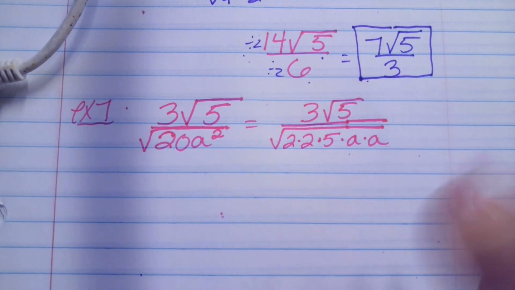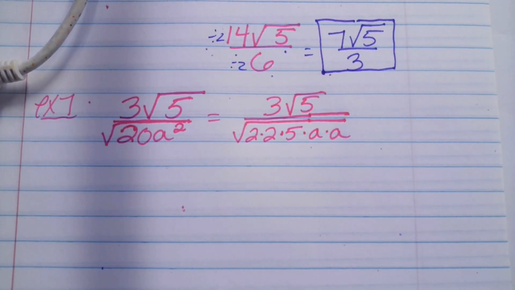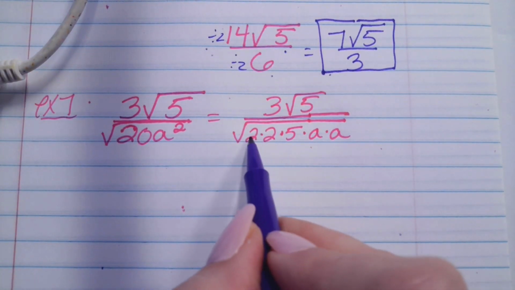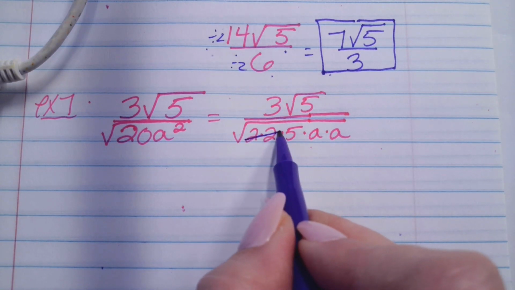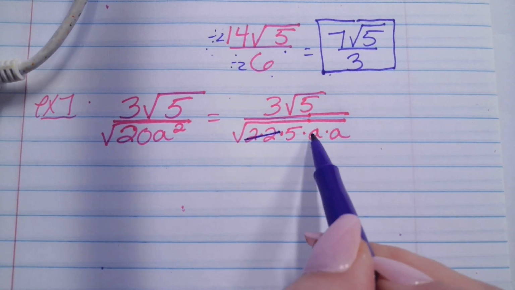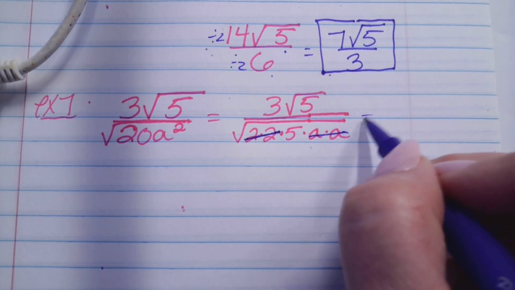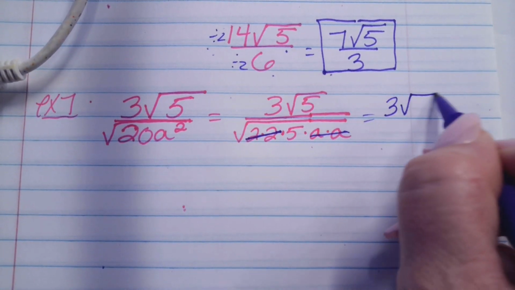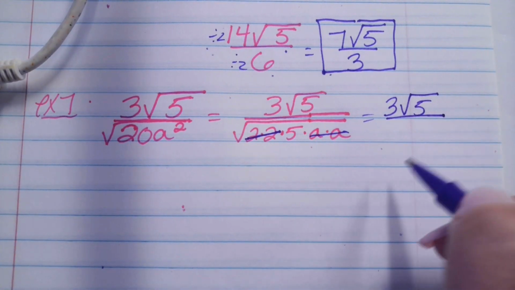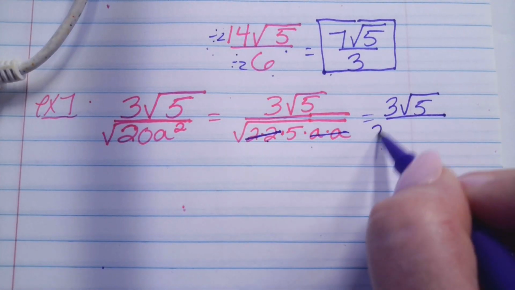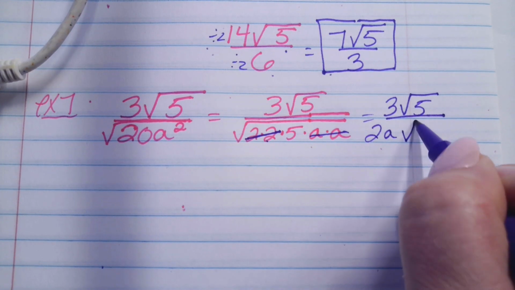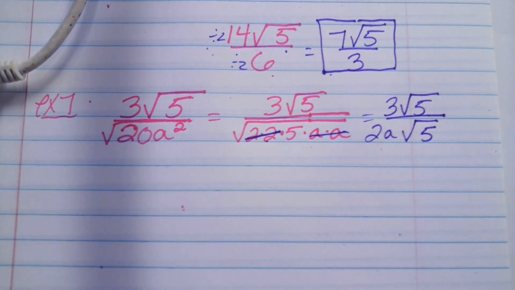Keep that 3 radical 5 up top. Can we partner anything here? Pair of 2's, pair of a's. So that leaves 3 radical 5 up top. 2a comes out. Radical 5 stays in.